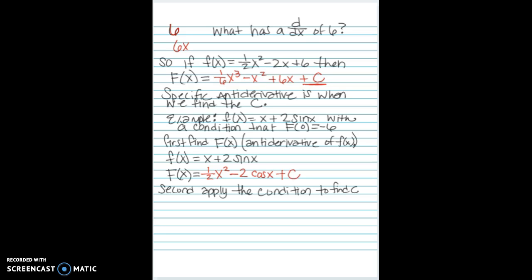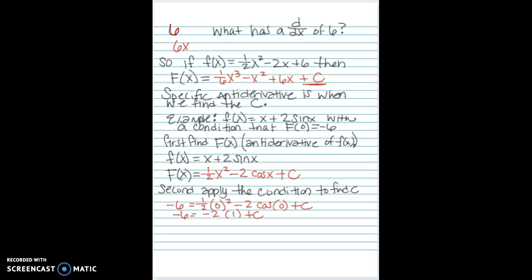So we know that negative 6 has to equal the cap F of x when I substitute 0 in for x. So negative 6 equals negative 2 times 1 plus c. Obviously, 1/2 times 0 squared is 0.